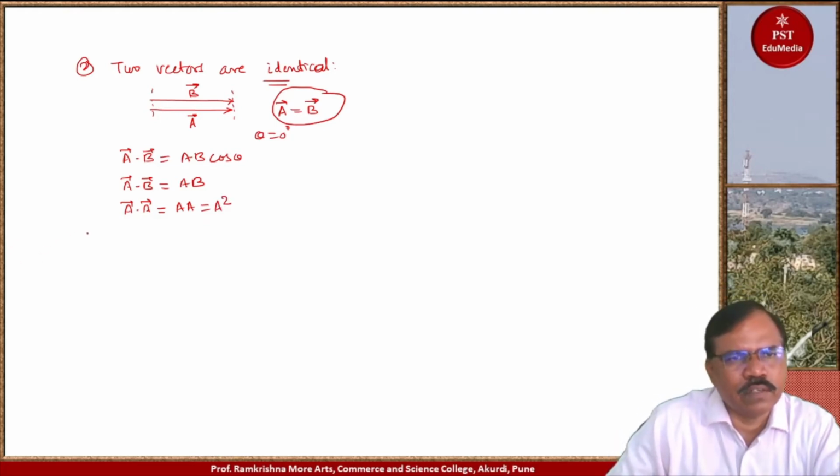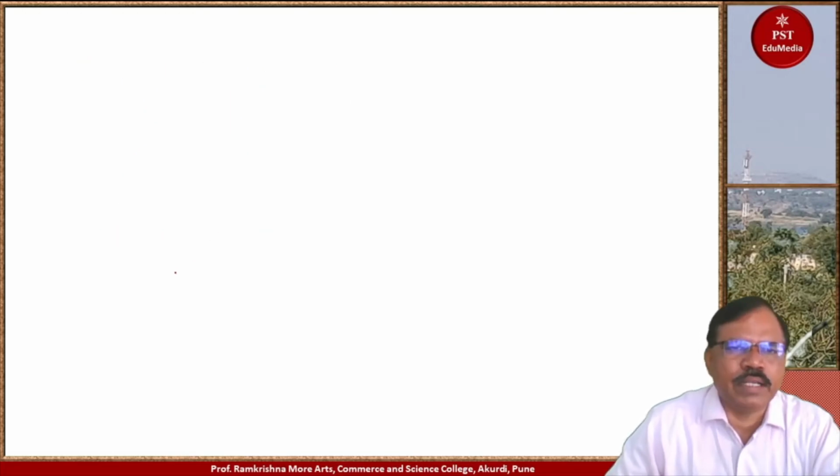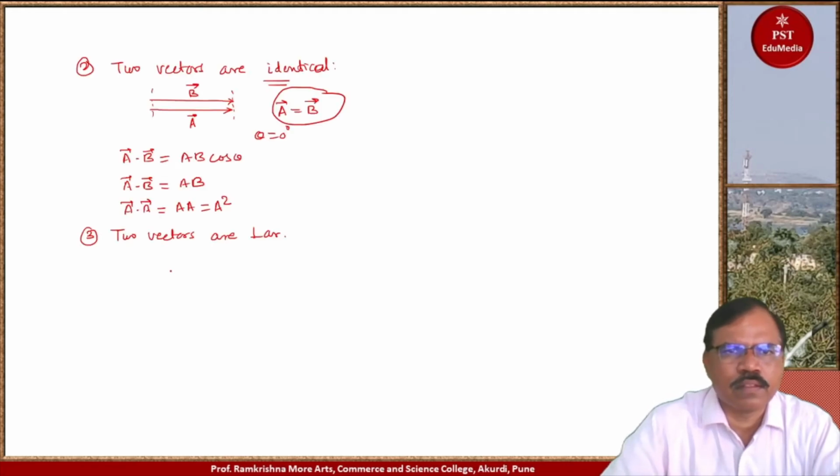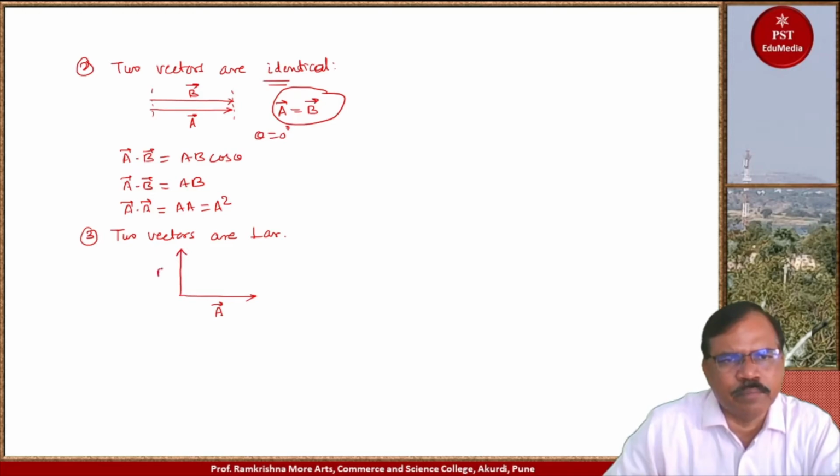Now we'll take the third one: two vectors are perpendicular. Here we have the first vector, that is vector A, and the second vector, that is vector B, and this is a right angle, 90 degree.